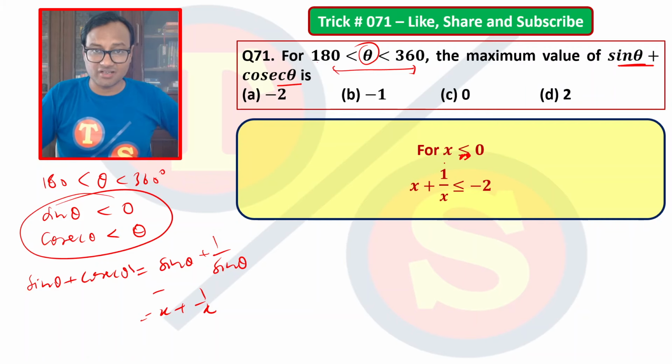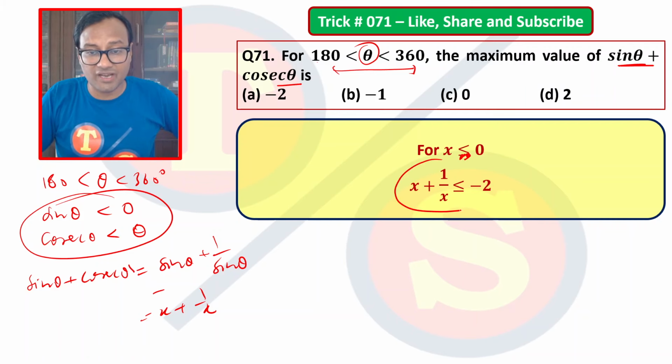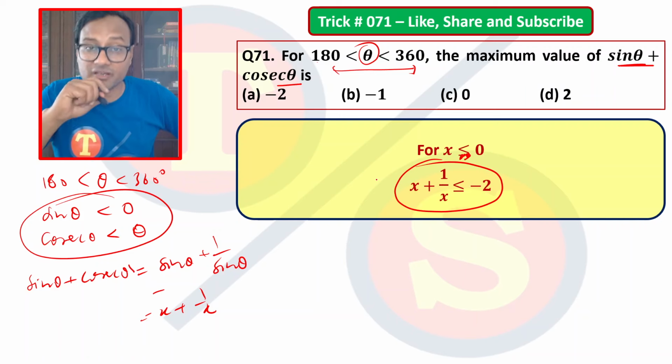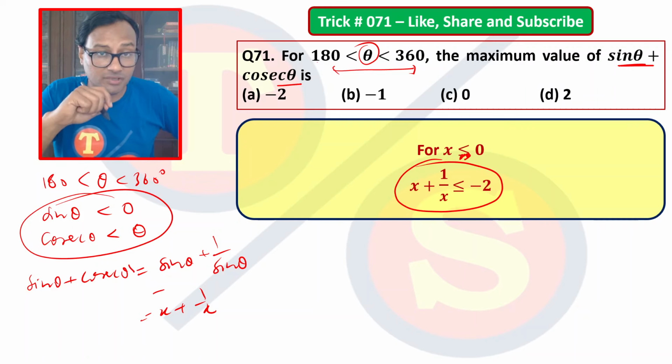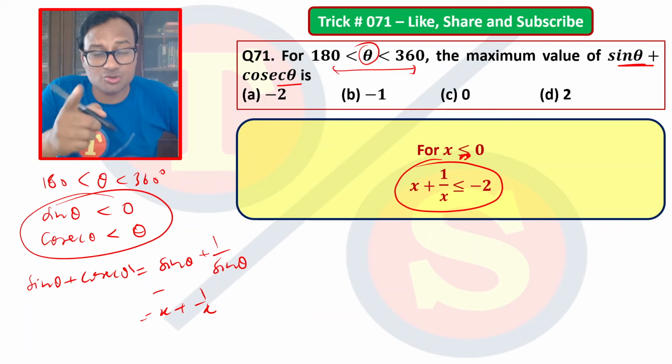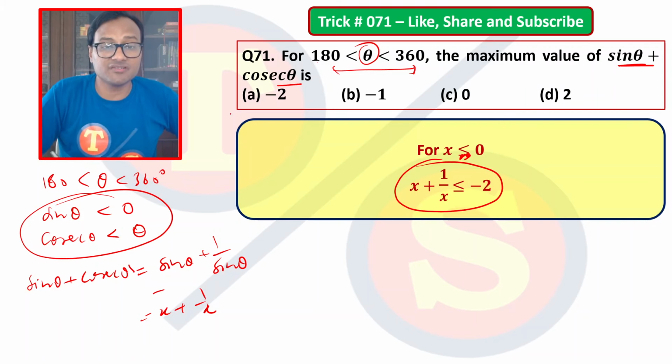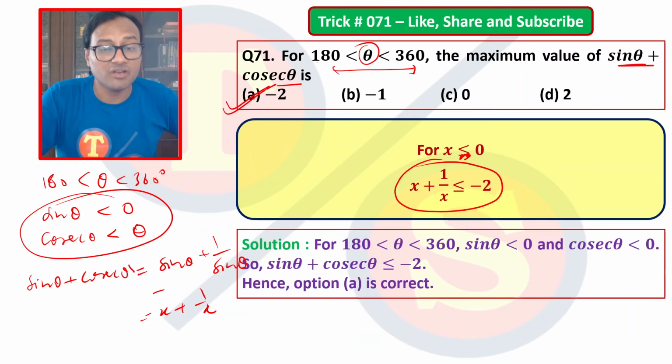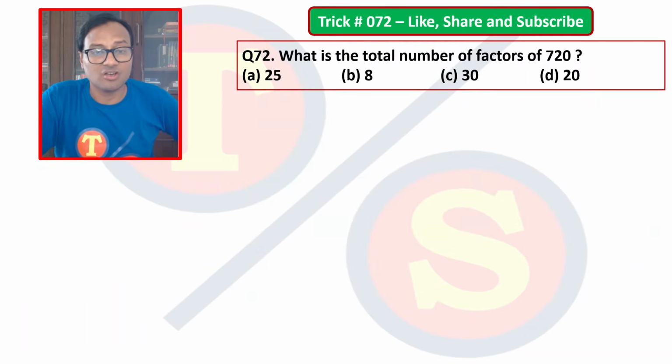Whenever x is negative, x plus 1 by x can never be more than minus 2. It is either minus 2 or less than that. So we can say for sure that the maximum value is minus 2. It will always be less than or equal to minus 2. Happy with it? Now we move ahead.